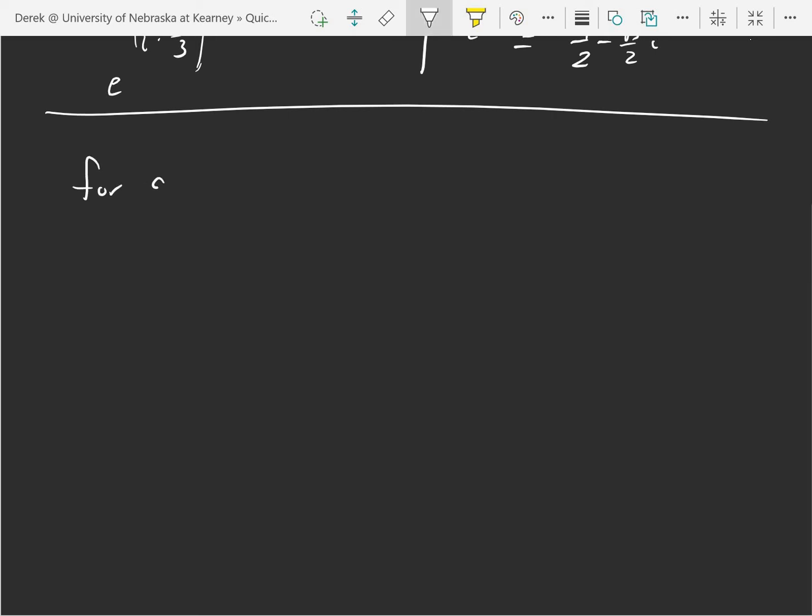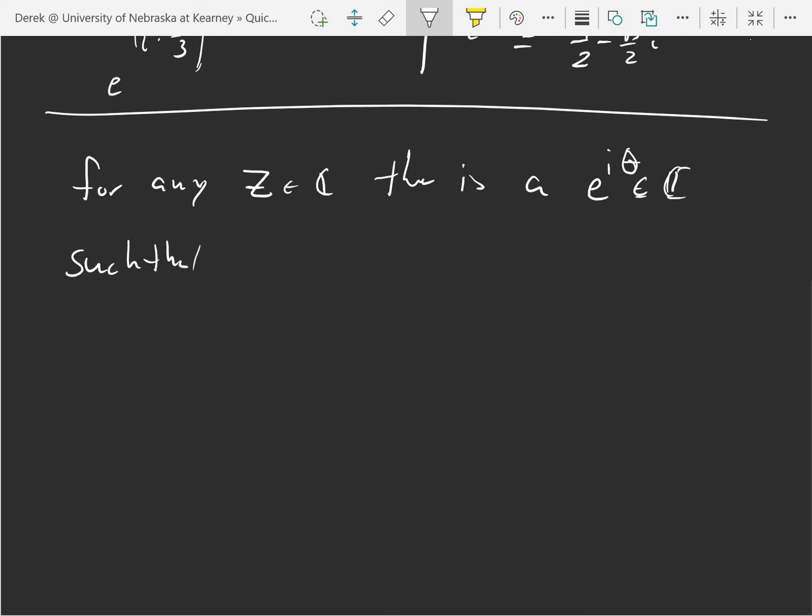For any z in the complex plane, there is an e to the i theta, also in C, so this is a unit magnitude, unit modulus complex number, such that e to the i theta times z is real.